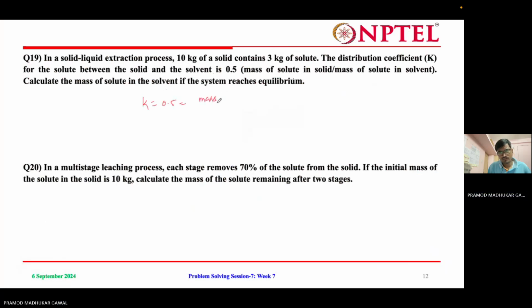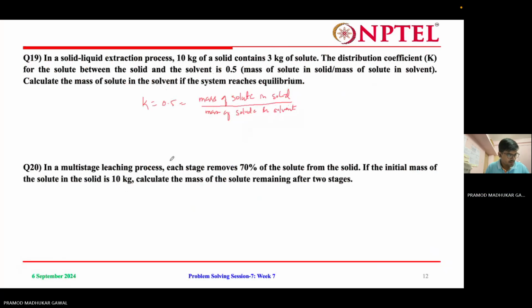So K is equal to 0.5, which is the mass of solute in the solid divided by the mass of solute in the solvent. Initially, 3 kg of solute is present in the feed. Now we don't know the quantity of the solvent.